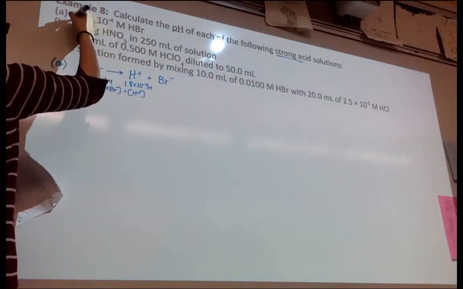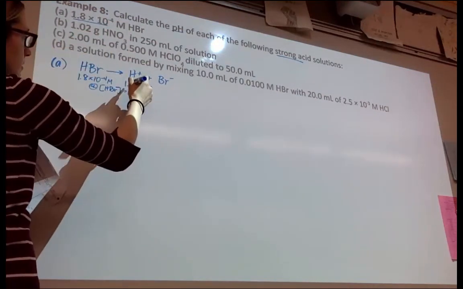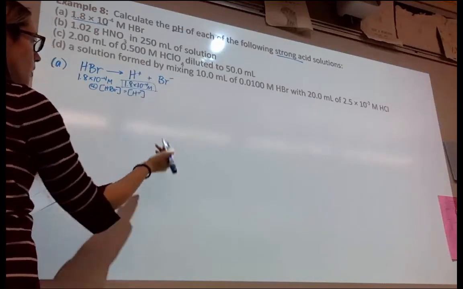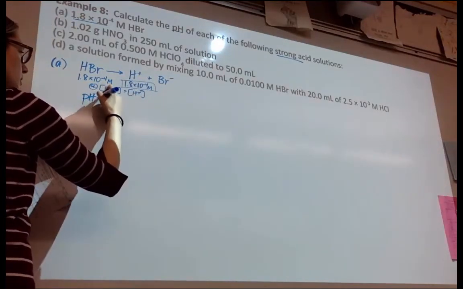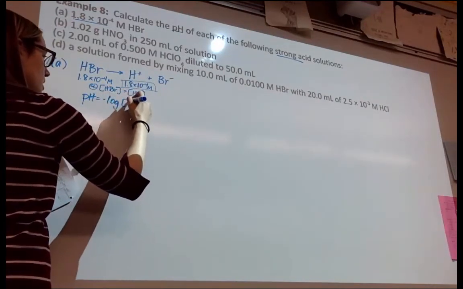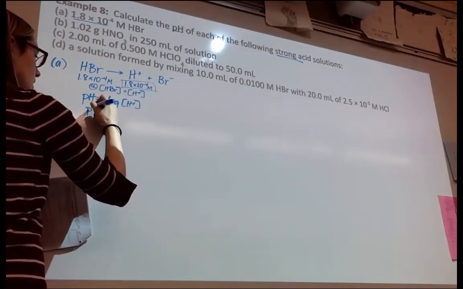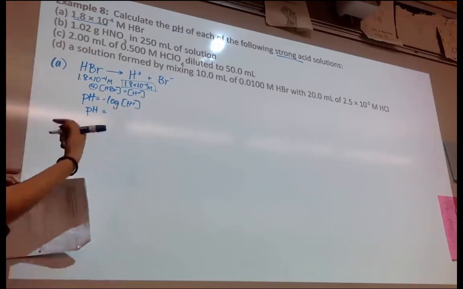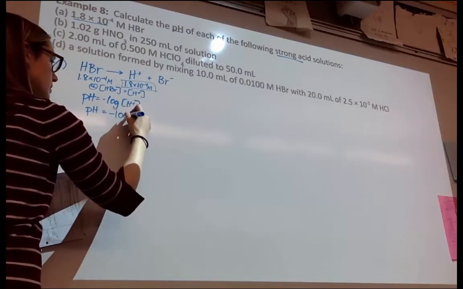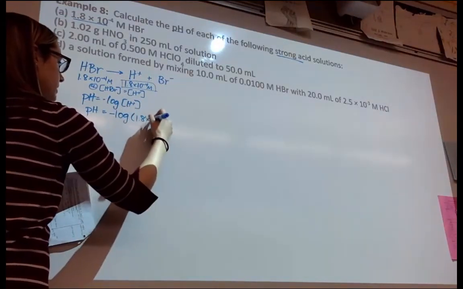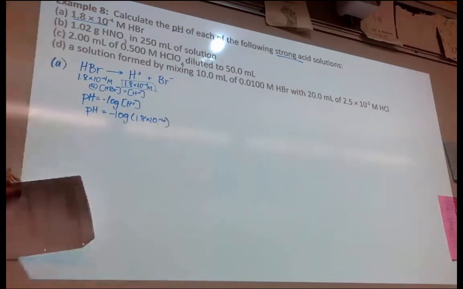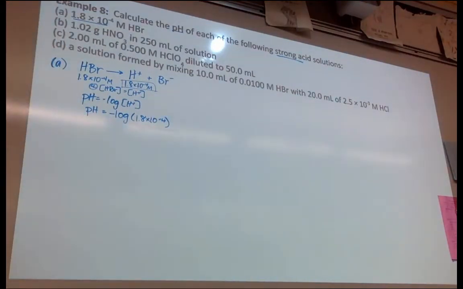Which means, here's my concentration of H plus, right here. My goal is to calculate the pH. pH is negative log of H plus. So again, that P means take the negative log of 1.8 times 10 to the negative 4th. So you practice putting it in your calculator.